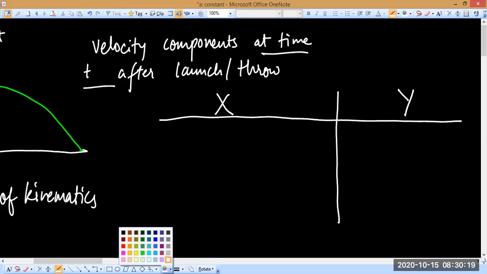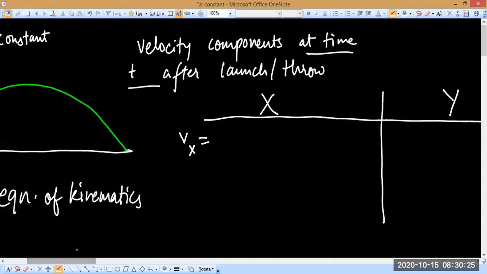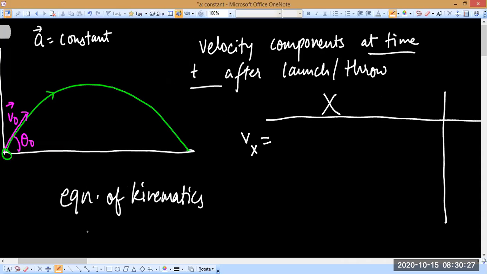Now Vx equal to, if I want to find Vx, which equation of kinematics should I use? 1, 2 or 3? Very good, 1. Vx equal to v0x plus axt.